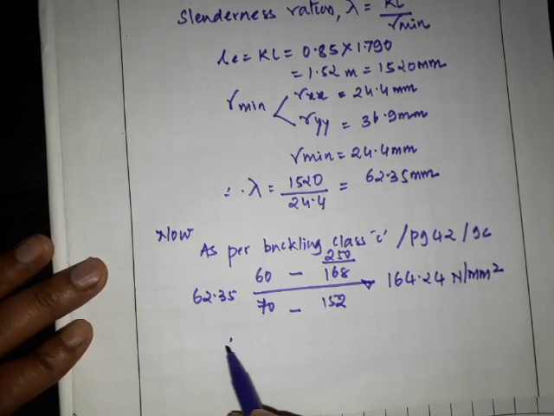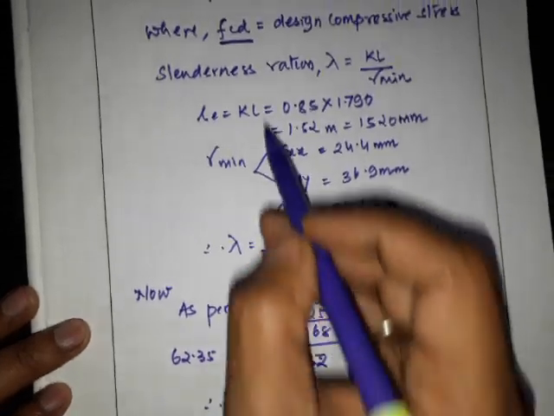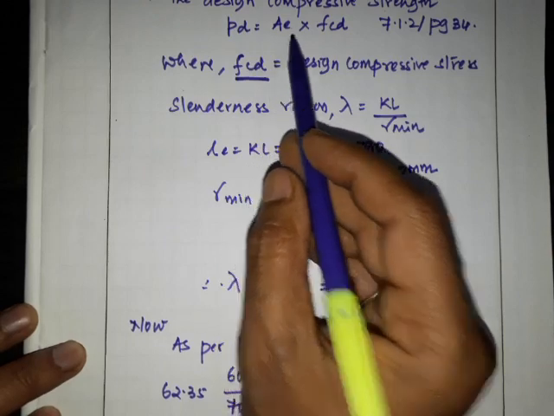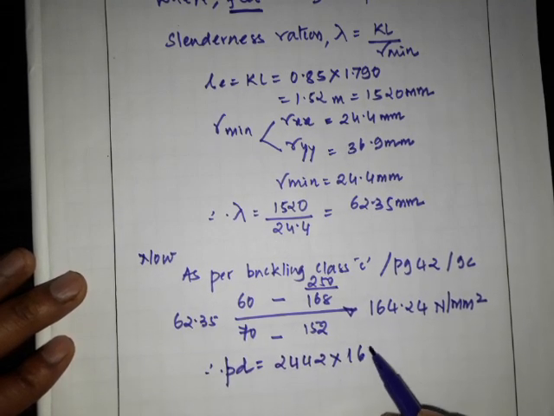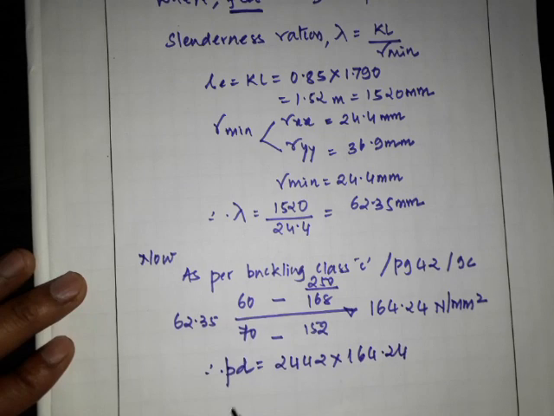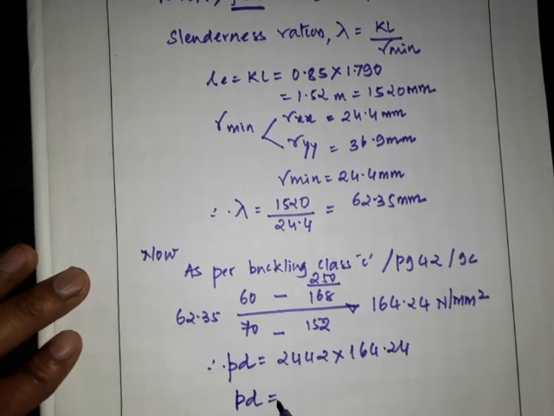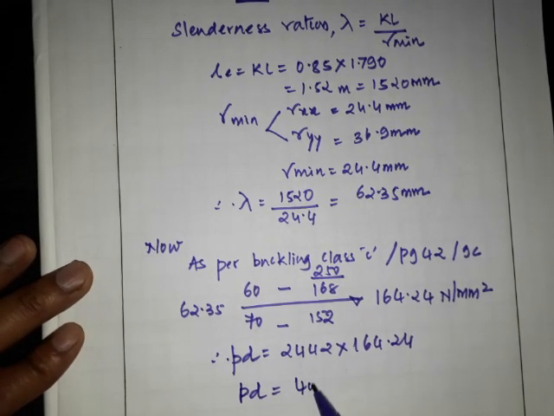Therefore PD will be AE into FCD. As I told you, PD is equal to AE into FCD. AE we already got, it is 2442, and FCD is 164.24. So we get PD, the design compressive strength, as 401.07 kilonewton.